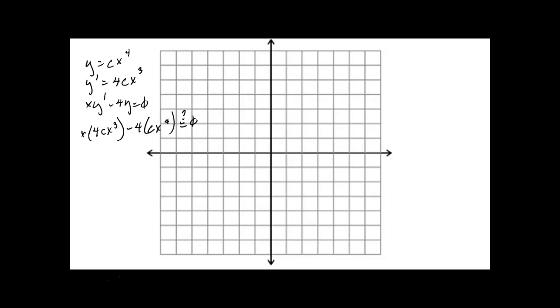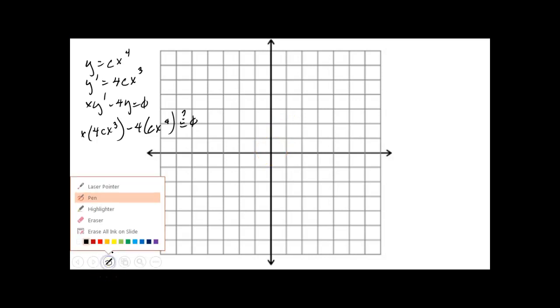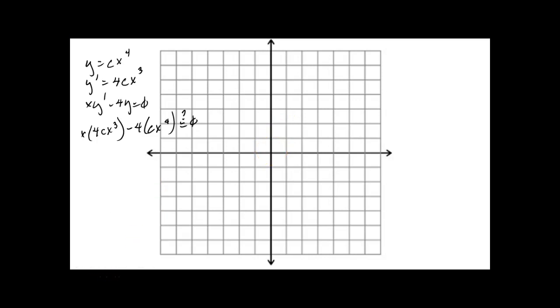Now, they're going to suggest to you, let's graph two of these functions. The first is going to be when c is equal to 1. That's pretty easy. Okay? When c is equal to 1, they do this one in light blue, so I'll do it in light blue. That would be x to the fourth. When x is 0, y is 0. When x is 1, y is 1.